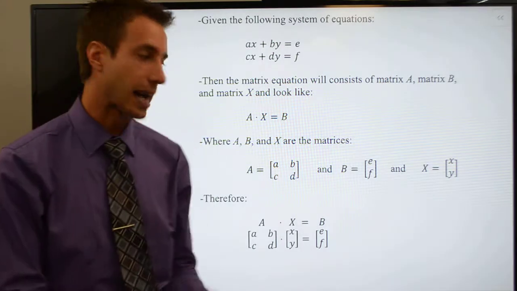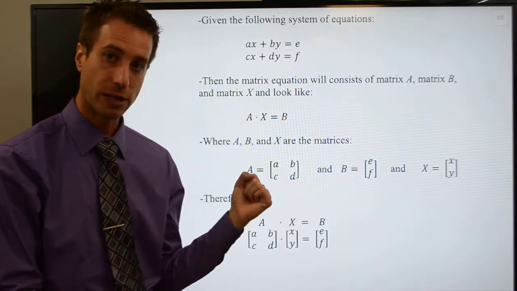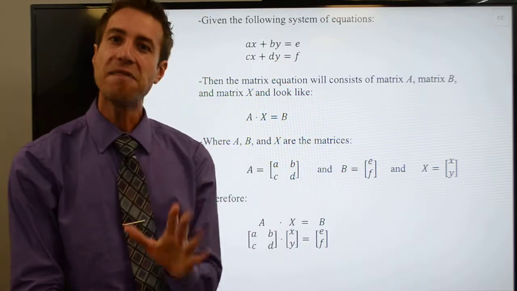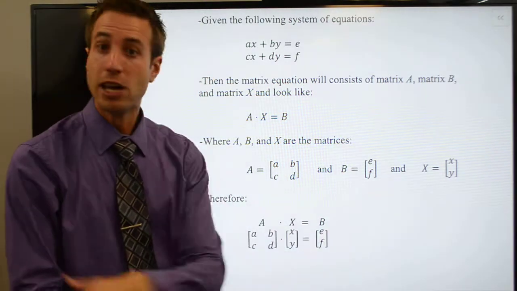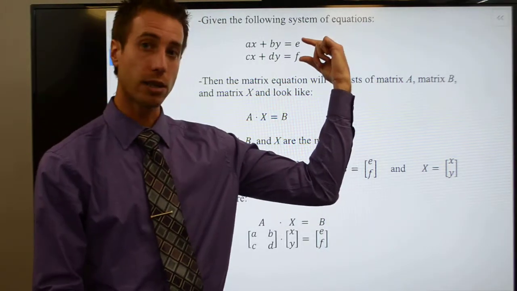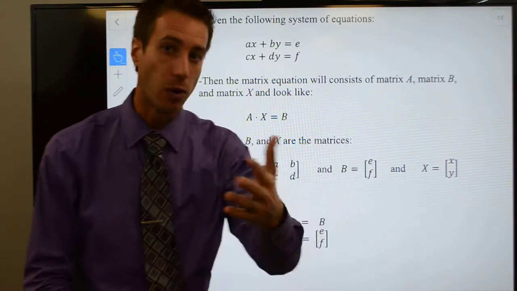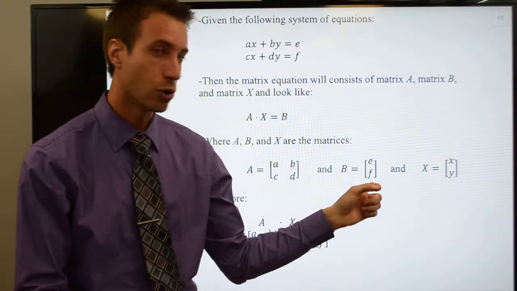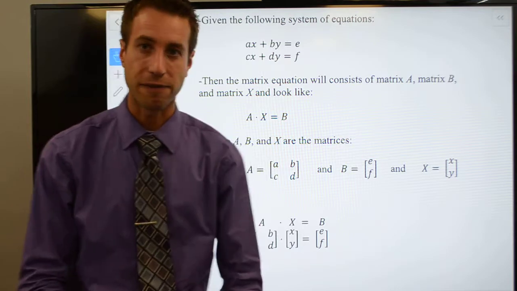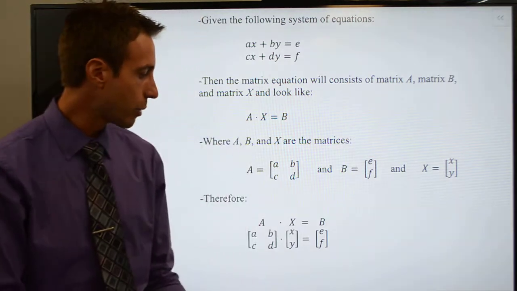So, here's what I got. I got matrix A, the coefficient matrix, matrix X, my variable matrix, and finally matrix B, using the only thing I have left over. I've got those 2 constants, E and F. They're going to be your third matrix, matrix B. So, here's the way it would look.